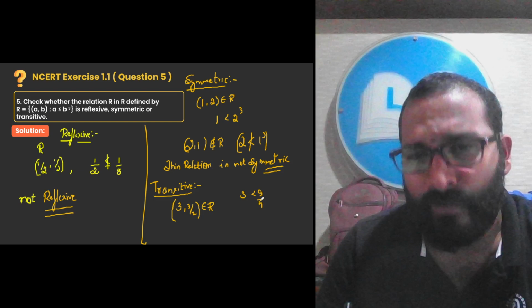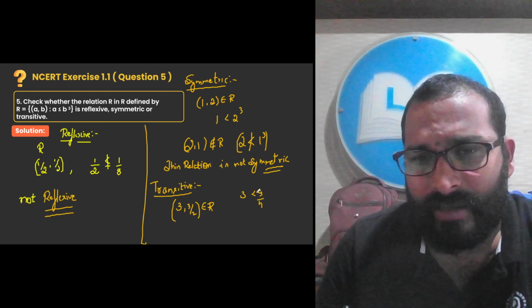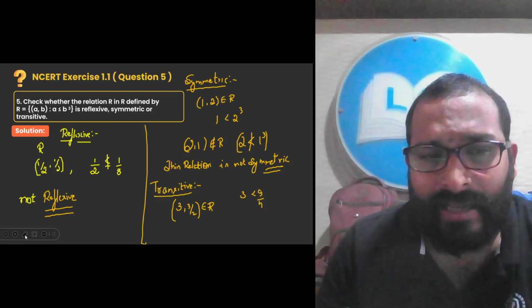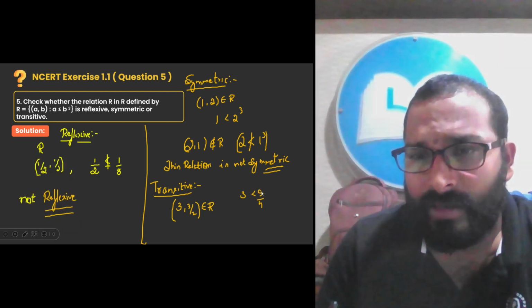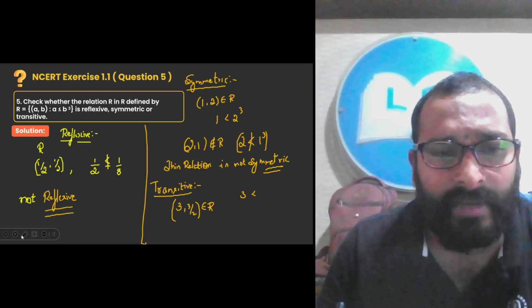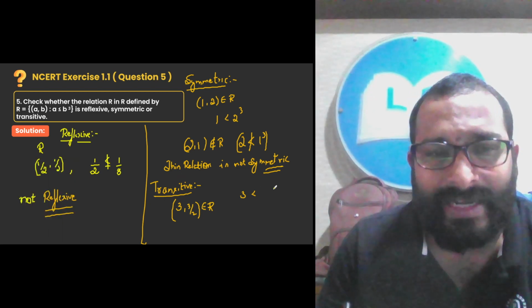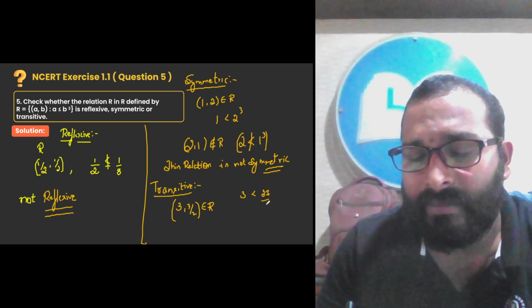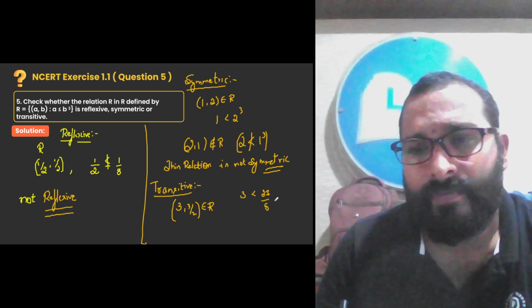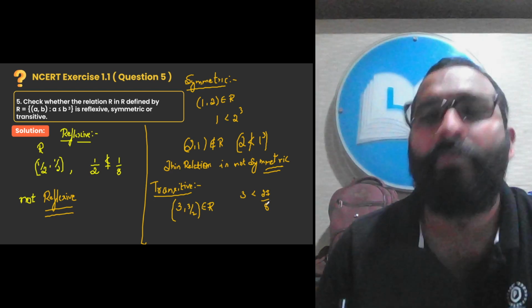Yes, 3 is less than 27/8. True, because 27/8 will give you 3 point something, so 3 is less than that.